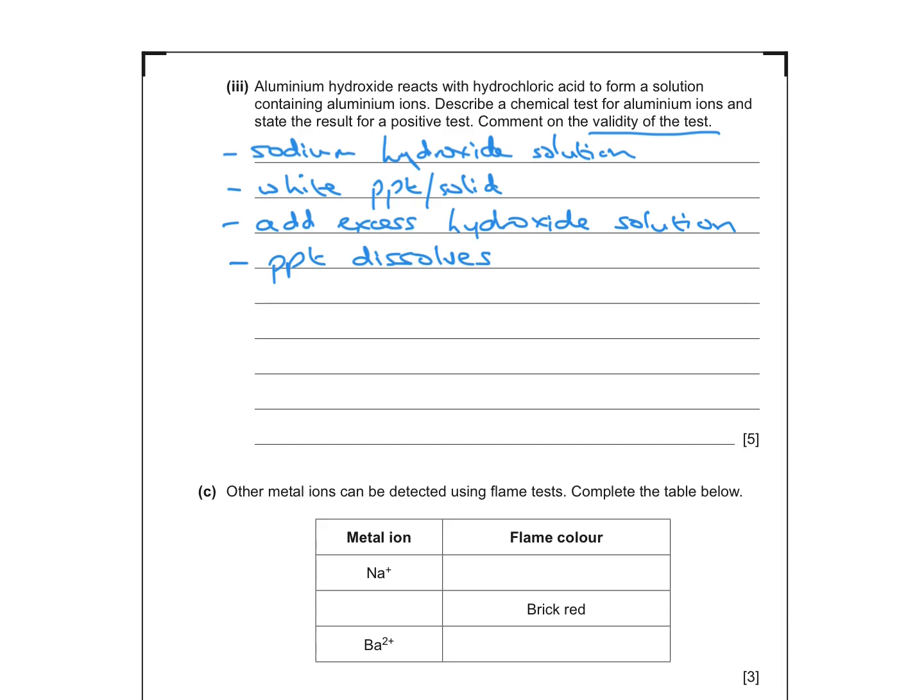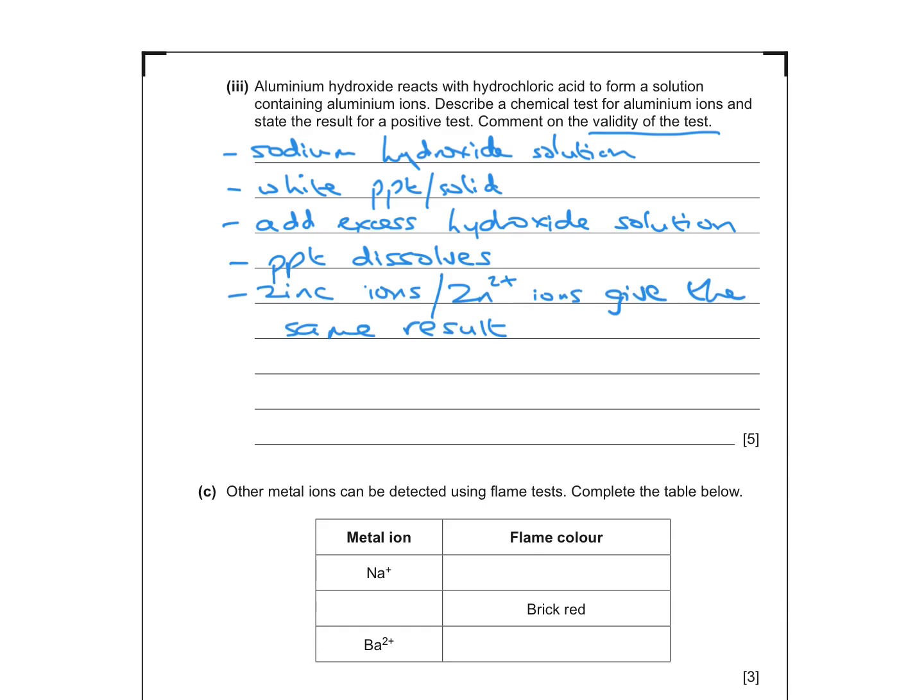But the precipitate is not the only one that dissolves when the hydroxide solution is added in excess, because zinc ions will give the same result. So the test doesn't prove that the solution contains aluminium ions. It's possible, but it could also contain zinc ions. So it's not a valid test. It doesn't prove it's aluminium ions.